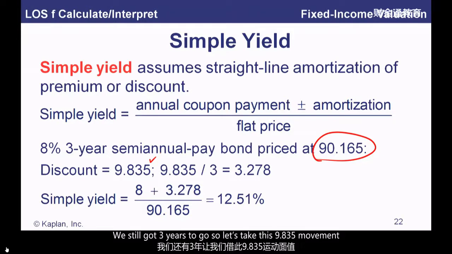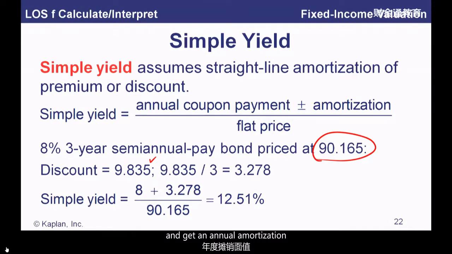Well, it's got 3 years to go, so let's take this 9.835 movement to par value by maturity, divide it by the number of years to maturity, and get an annual amortization of 3.278% of par value.